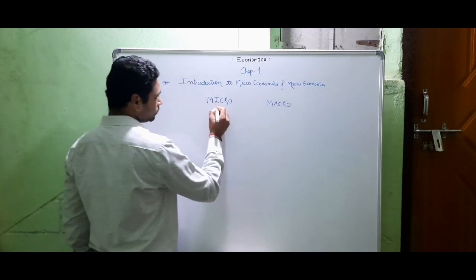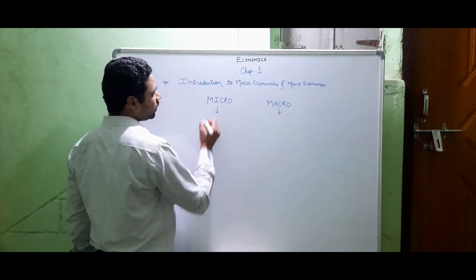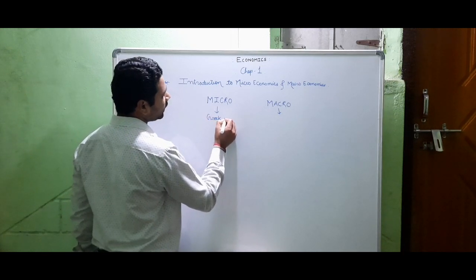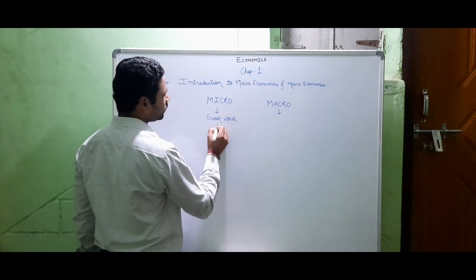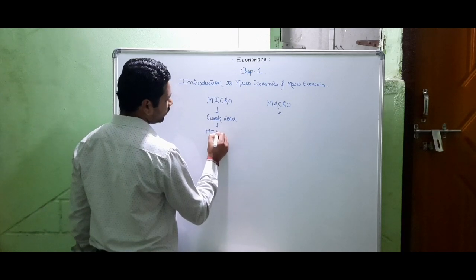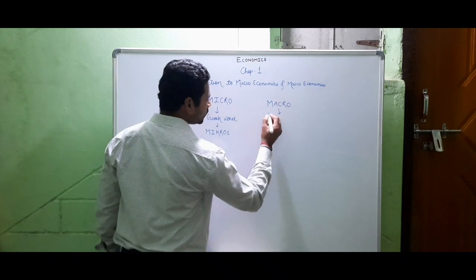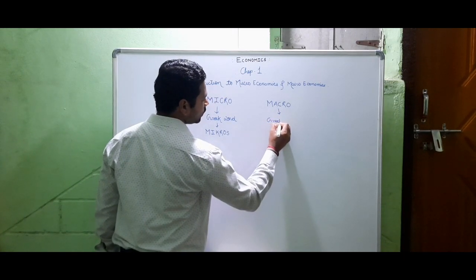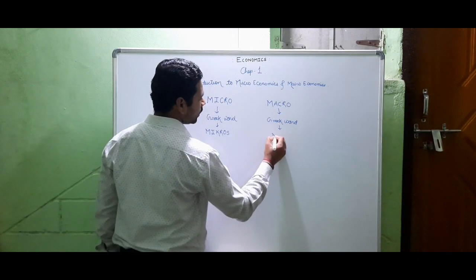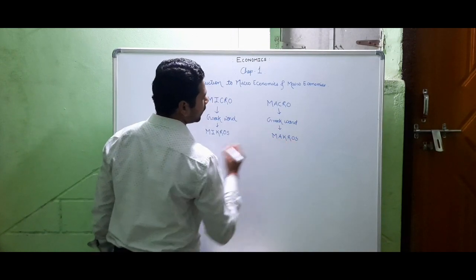Micro is a word which has been derived from the Greek word MIKROS, and macro is derived from the Greek word MAKROS.